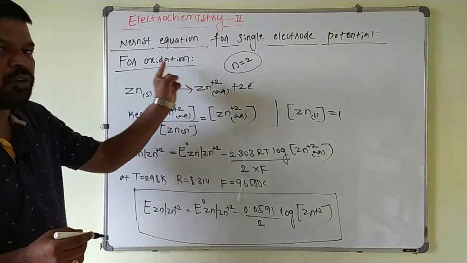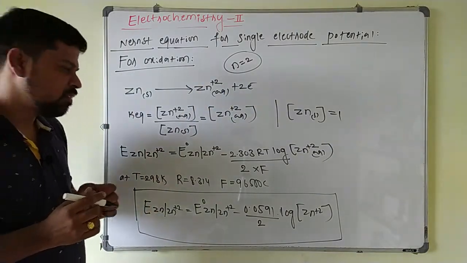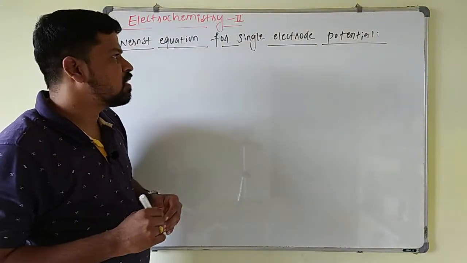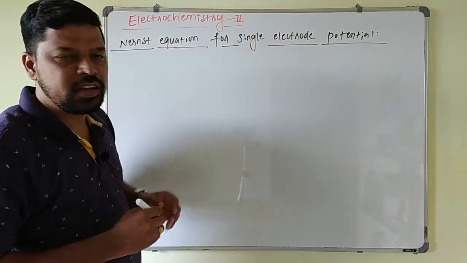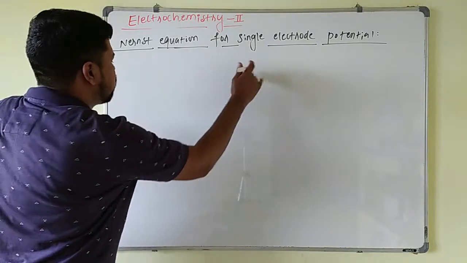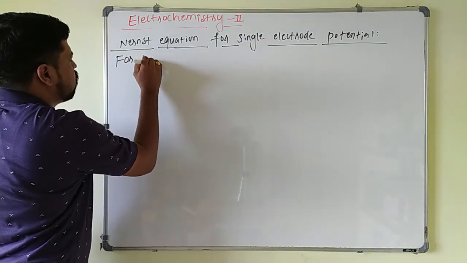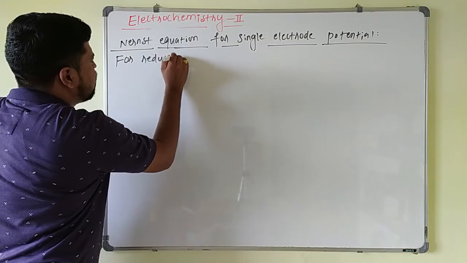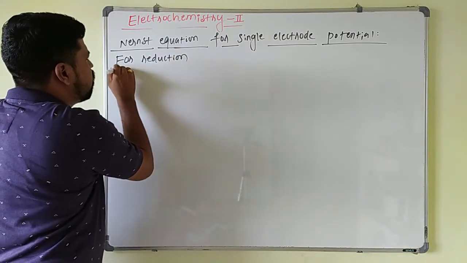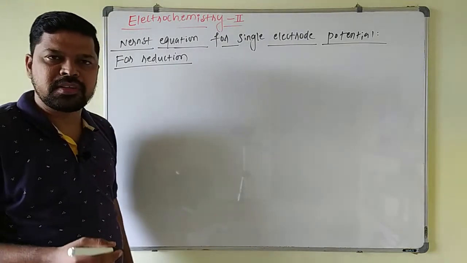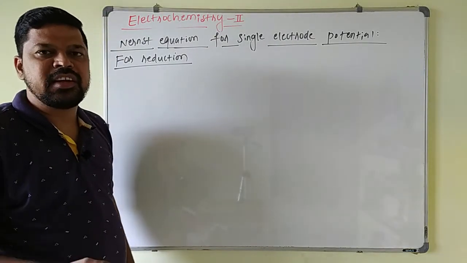Similarly, we will apply this for what? The reduction process. Now we will apply this Nernst equation for single electrode potential for the reduction process. Already we have discussed the oxidation process. For reduction, to calculate the reduction potential of a single electrode, we already know that whenever a copper rod is dipped in copper sulfate solution, reduction takes place.